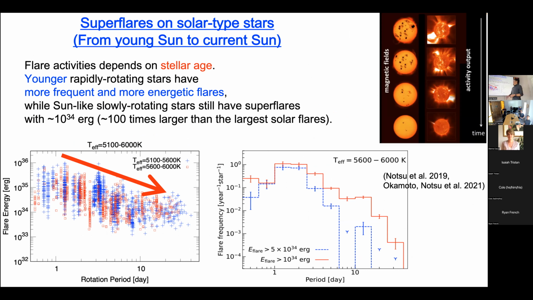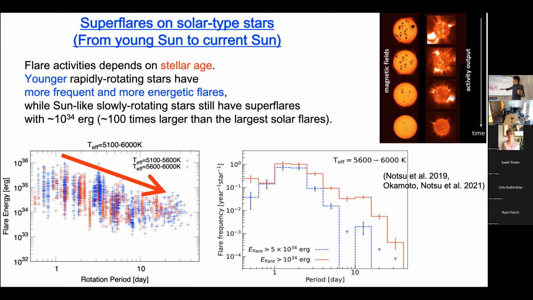These two plots show this. The left figure shows superflare energy observed with Kepler as a function of rotation period. The sun rotates with a period of 25 days, around one month, so the sun should be located around here.